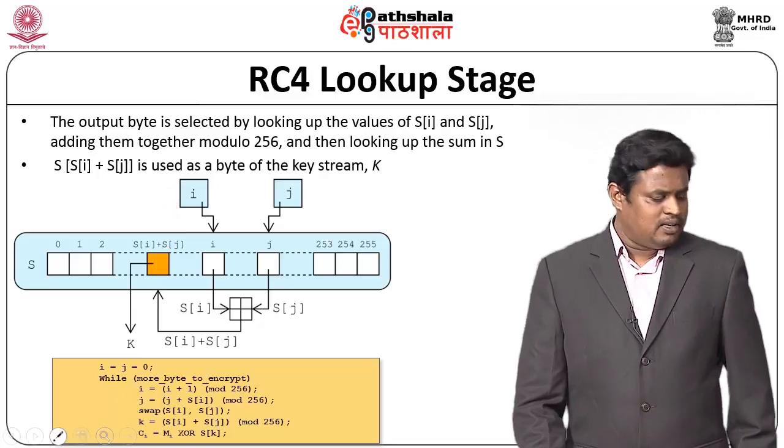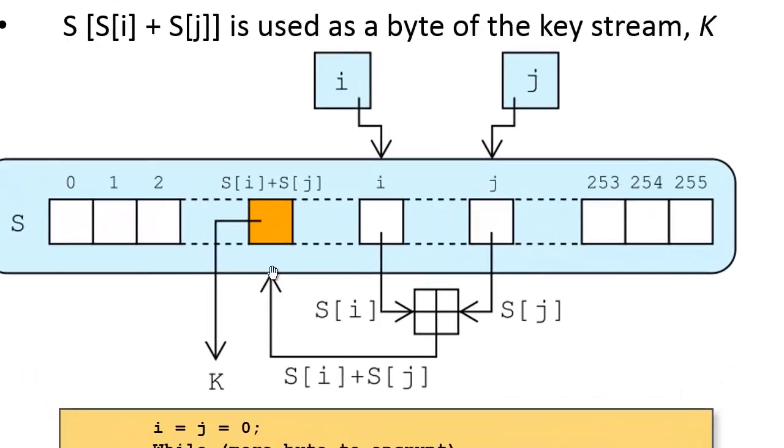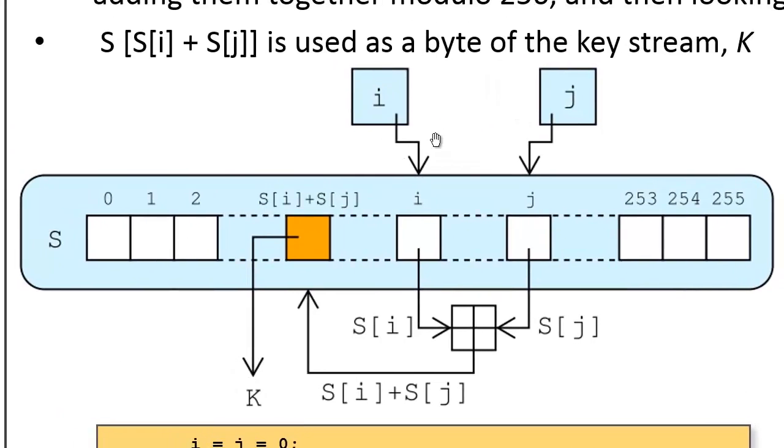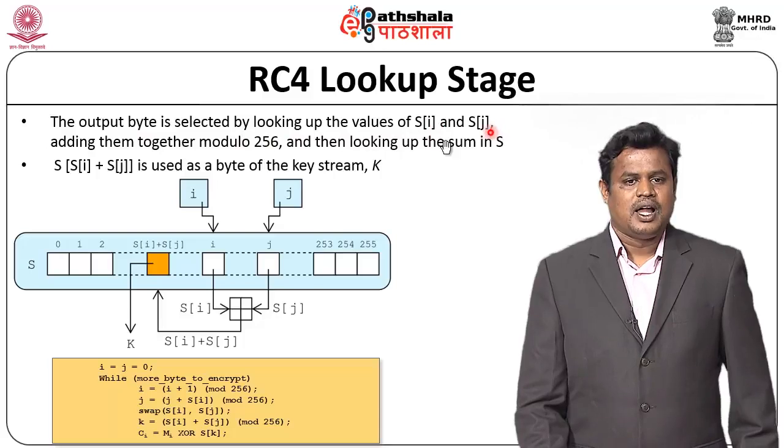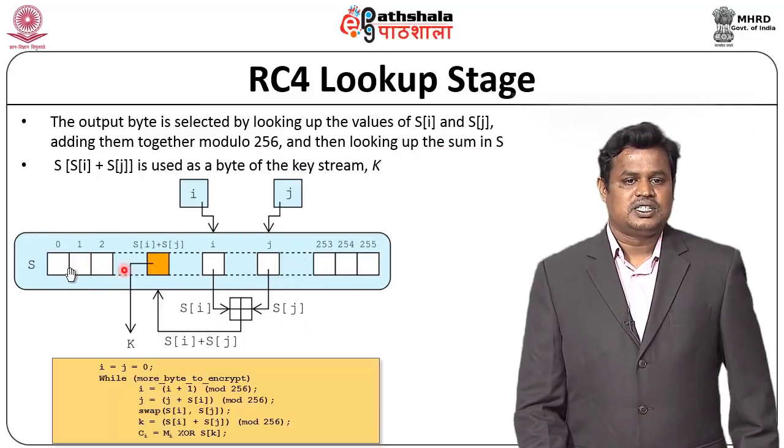Let us look into the diagram of how this swapping of S of J and S of I is done. Suppose I am taking the state vector 0 to 255, S of I and S of J are combined to generate a K. In the diagram you can see that the output byte is selected by looking up the value of S of I and S of J, adding them together modulo 256, then looking up the sum in S. This is your internal state.